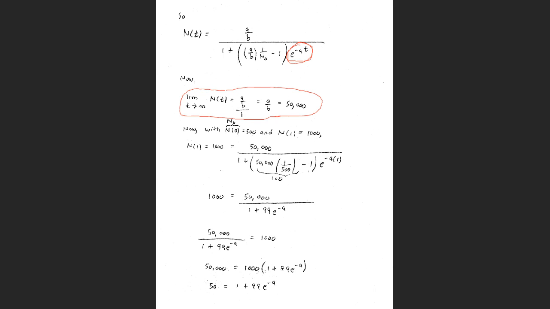So where a over b is in the numerator, we can put in 50,000. Also here too, I'll put in 50,000. And I know n sub 0 is 500.